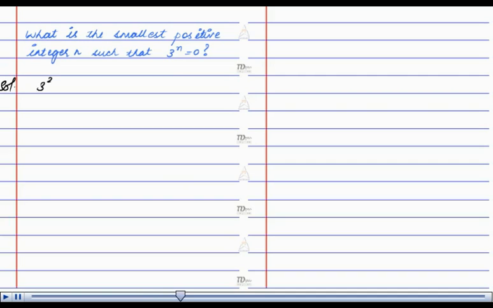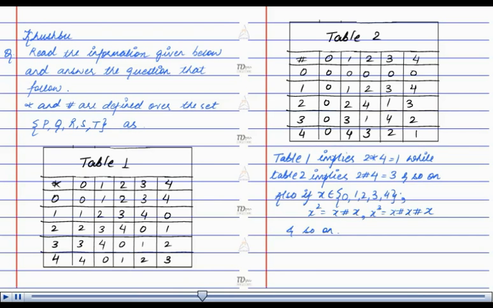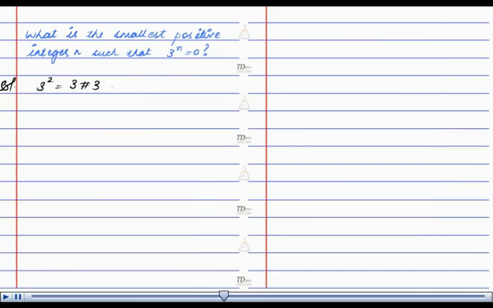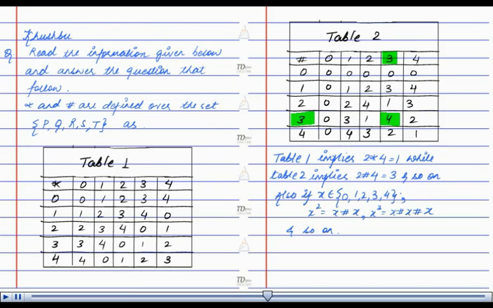We first calculate 3 square, that is 3 hash 3, which can be seen from the table as 4. Next we calculate 3 cube, that is 3 hash 3 square or 4 hash 3, which can again be seen from the table as 2.